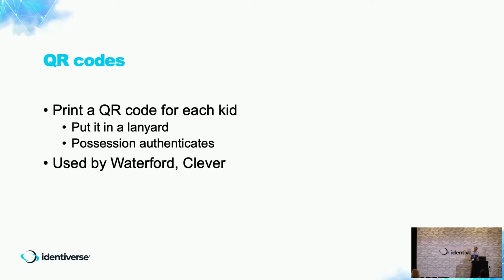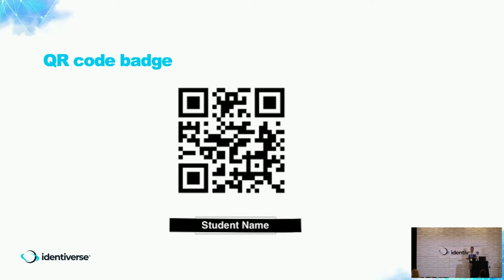The solution that a couple companies came up with was you print a QR code that has authentication information in it, and then owning that QR code is the factor of authentication. So it looks a little bit something like this. And multiple companies have offered this. I did not decode that. I don't know if I would take a picture of that because it was off of the clever.com website, but I'm pretty sure that they encoded account information into that QR code.